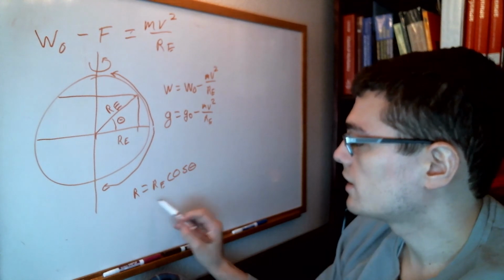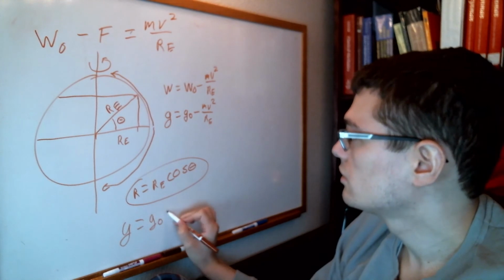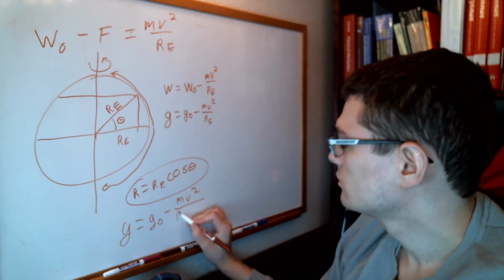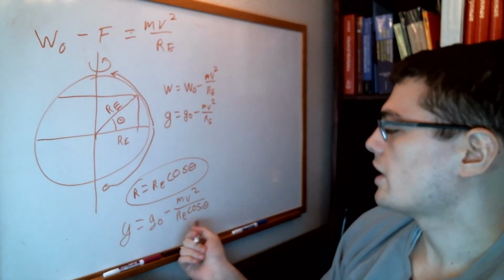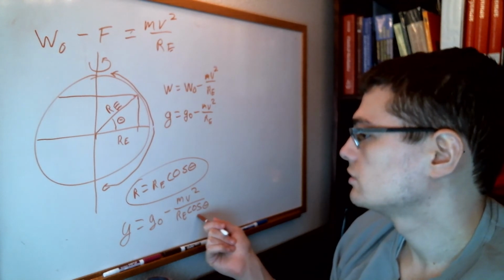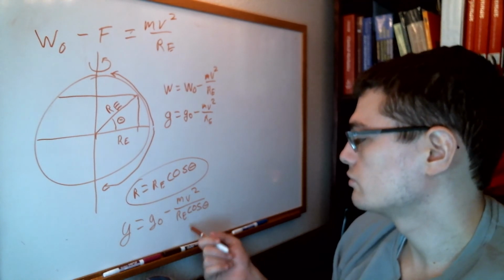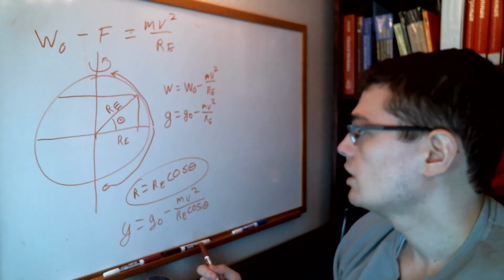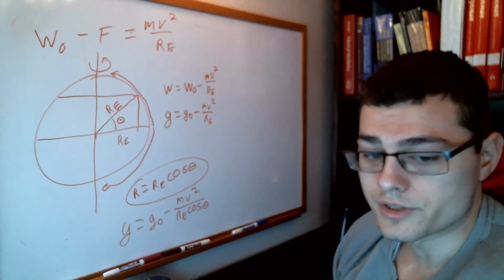If we plug that in here, you can see how this value changes. As theta goes to 90 degrees, cosine goes to zero, and eventually this equation will become zero. We'll have to take the limit as it goes there in order to get rid of the zero on the bottom of our fraction.